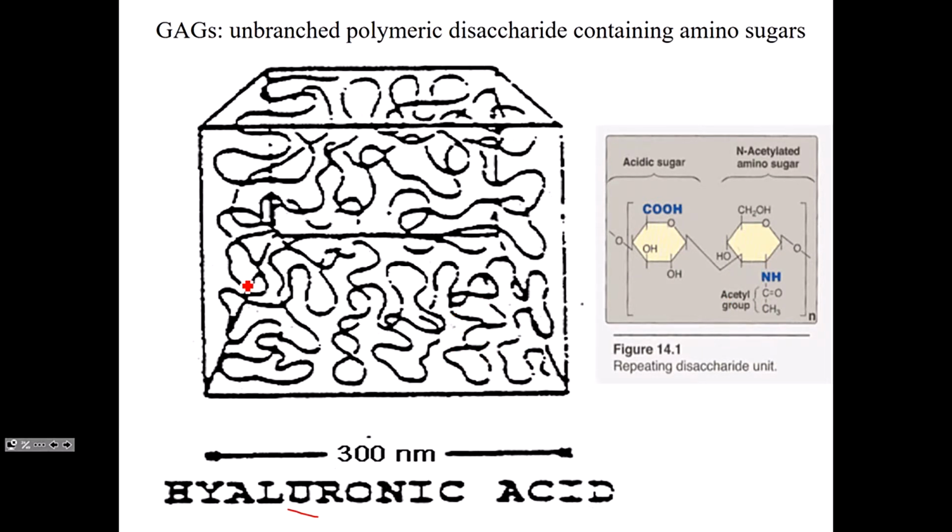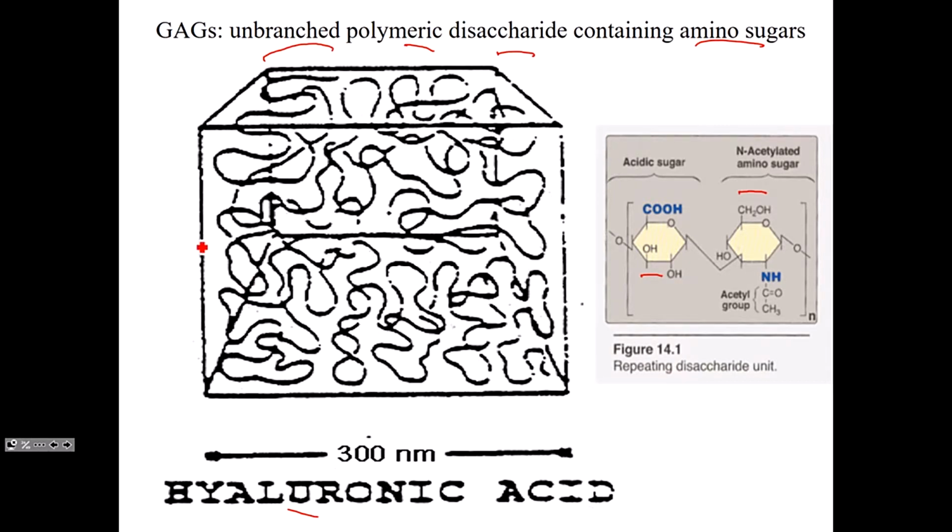Okay, so a large glycosaminoglycan that we see quite often is hyaluronic acid, shown here. It can be more than 1 million Daltons in size, and as I said, it's an unbranched polymeric disaccharide containing amino sugars. So what does that mean? Here's one sugar residue, two sugar residues, so that's the disaccharide, a doublet of sugars.